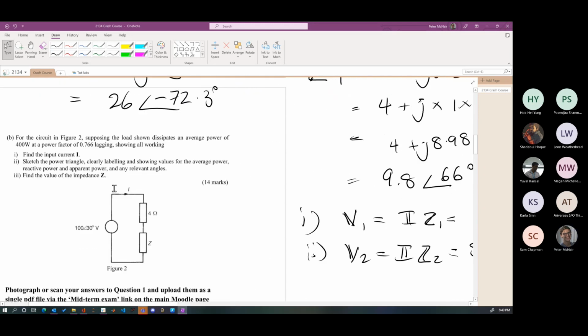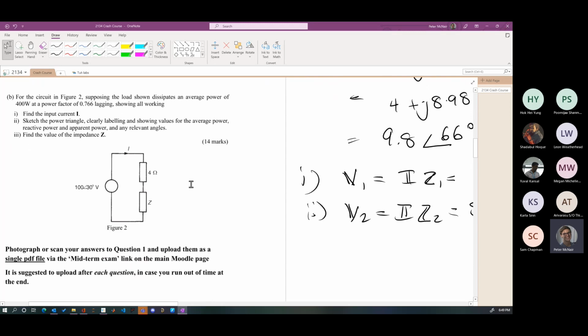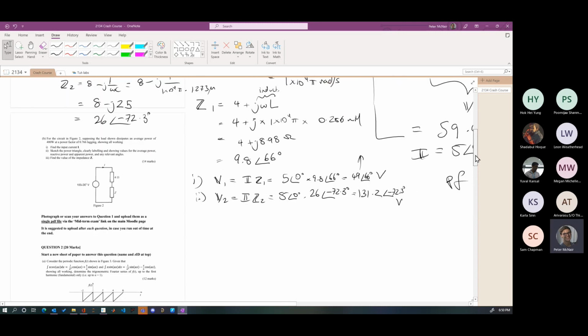Okay. So for the circuit in figure 2, supposing the load shown dissipates an average power of 400 watts. The first thing I always do is draw a line underneath all of this.